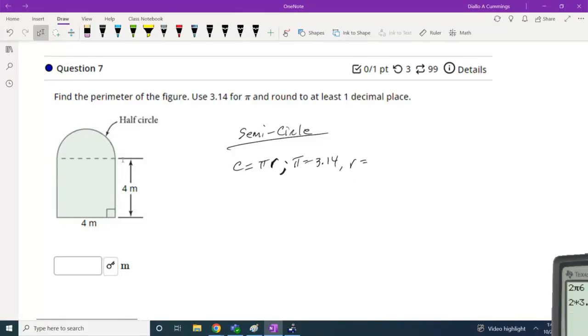So that means for this semicircle, the diameter has to be 4. But we don't want the diameter. The diameter goes from one side of the outer rim through the center to the other. We only want the radius. So I believe that radius is going to equal 2, right?